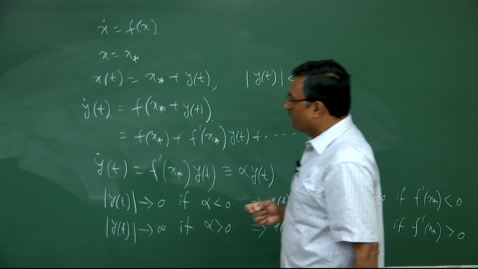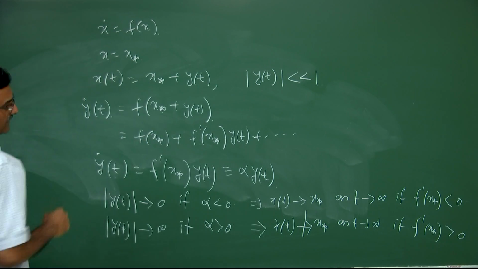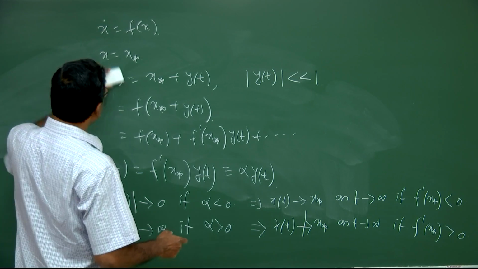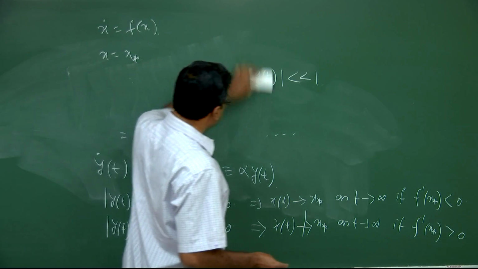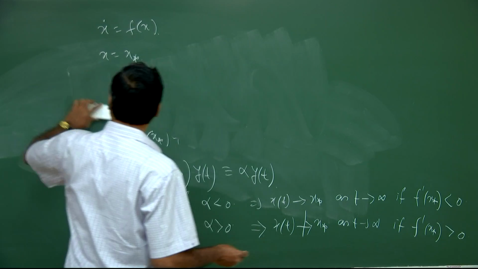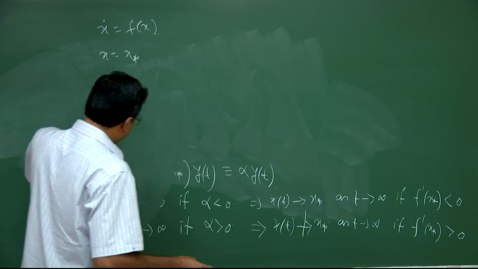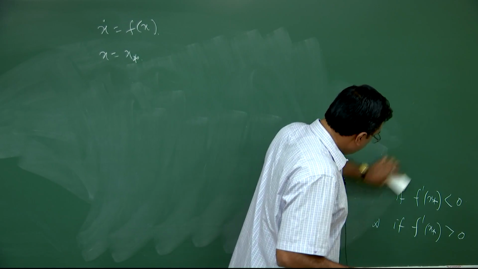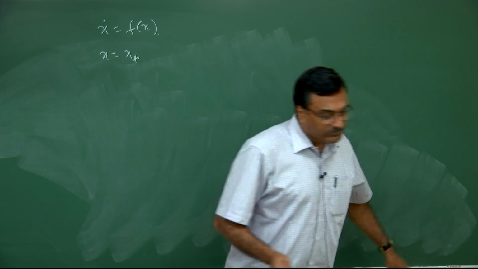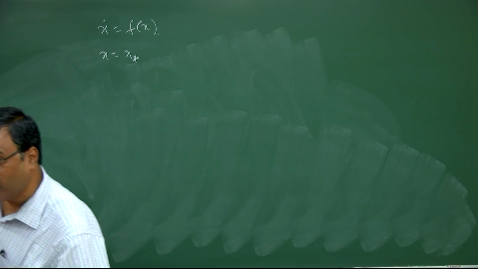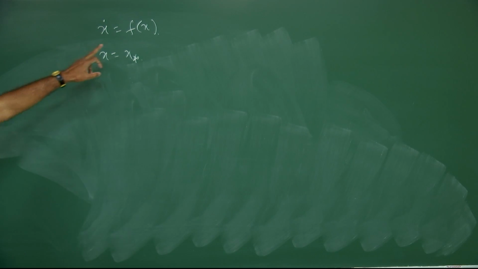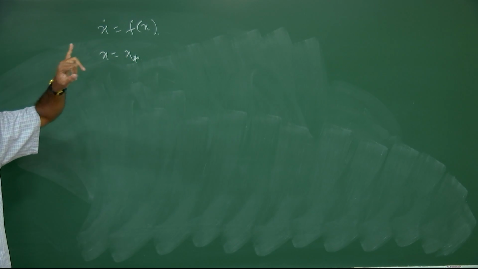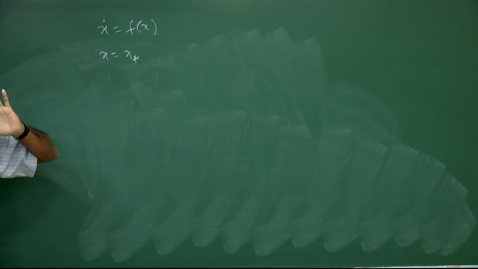So we can conclude that for this simple one variable system, if x dot equal to f(x) is your given system and you are able to find x equal to x* as an equilibrium point, then you can judge the stability of the equilibrium point if and only if f'(x*) is not equal to 0.